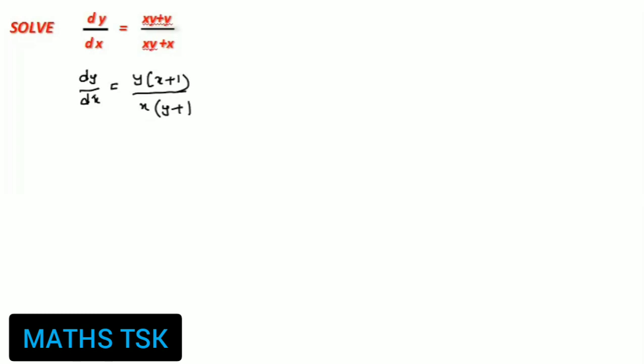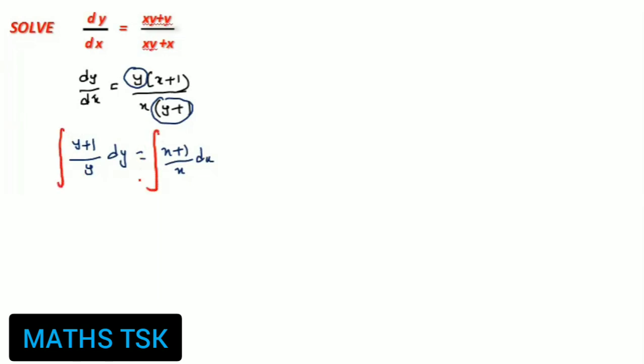You can see the variables like this: there is y and there is y plus 1 on the y side. So (y plus 1) by y into dy is equal to (x plus 1) by x into dx.